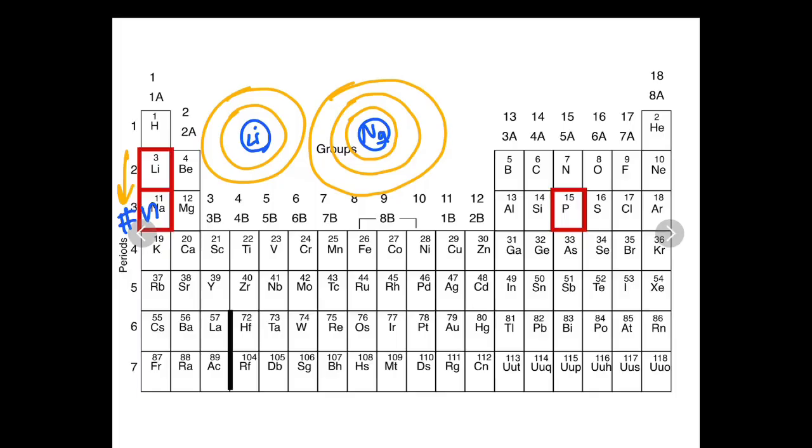Now, looking at how the outer electron of sodium and lithium is experienced, we already calculated that the effective nuclear charge of these two is equal to +1.